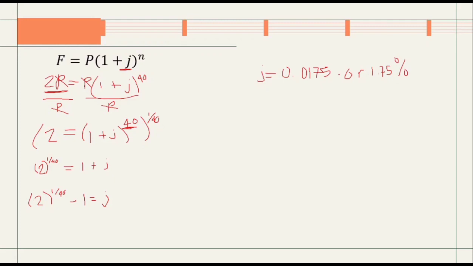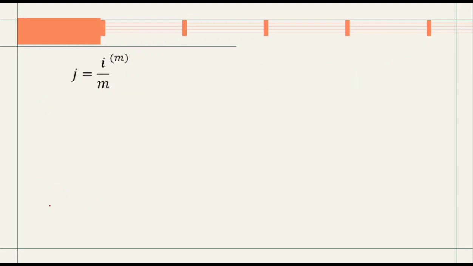So that is our j. After that, we need to substitute it to this formula to find the value of the interest rate or the nominal rate, which is denoted by I raised to m.